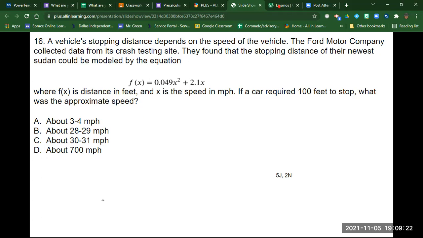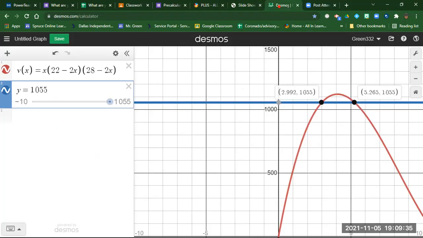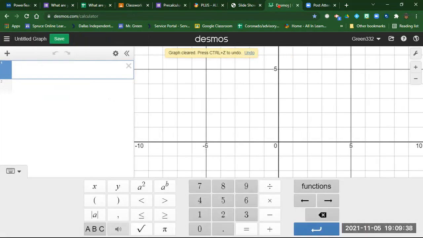So, 0.049 x squared plus 2.1 x. Let's go ahead and put it in the graph.